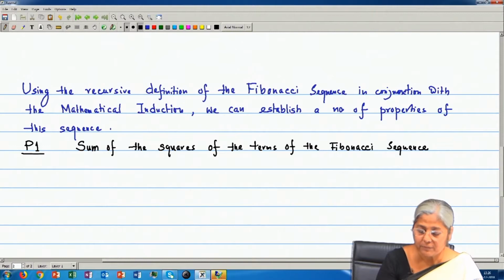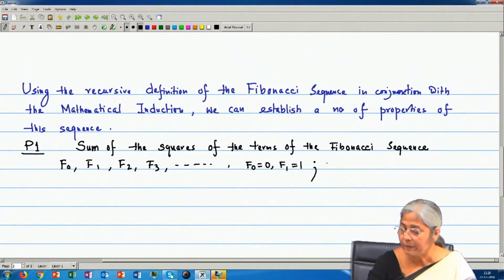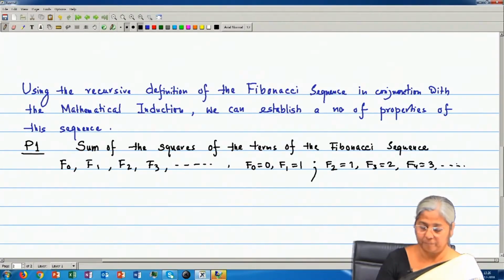Just now we have seen the terms are f0, f1, f2, f3 of the Fibonacci sequence, with initial conditions f0 equal to 0, f1 equal to 1, and using the recursive rule we found f2 equal to 1, f3 equal to 2, f4 equal to 3.